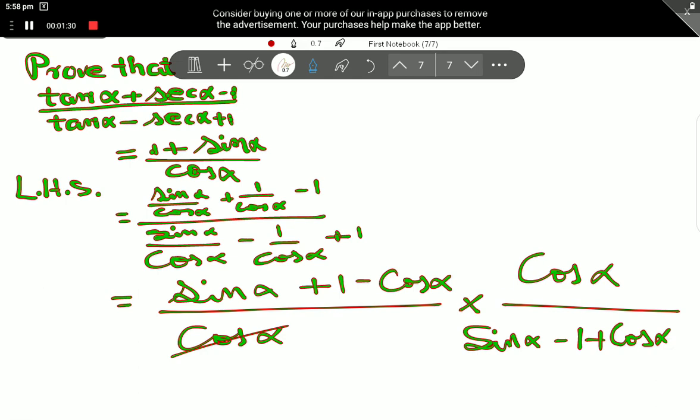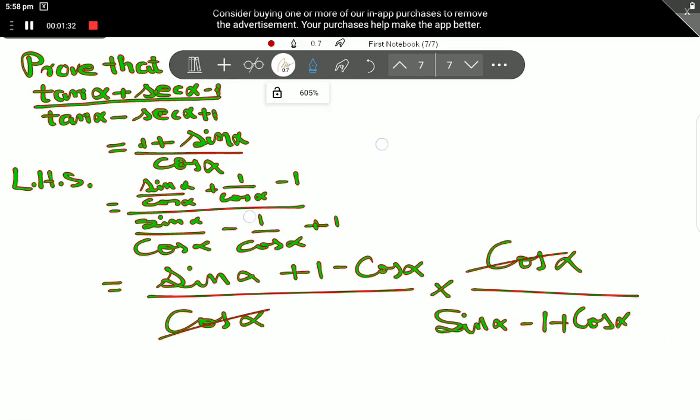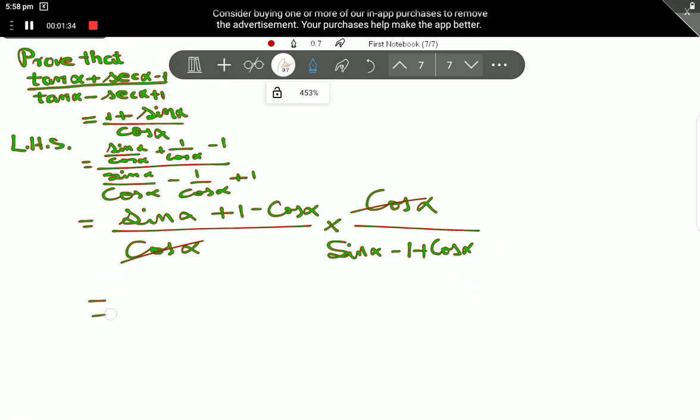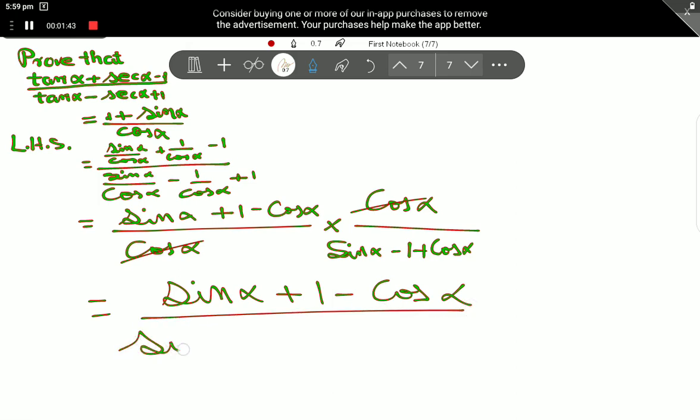We can cancel cos alpha out, so we are left with sin alpha plus 1 minus cos alpha divided by sin alpha minus 1 plus cos alpha.